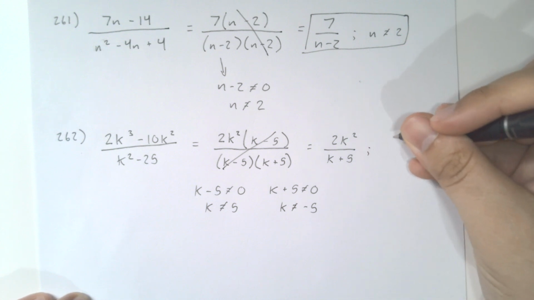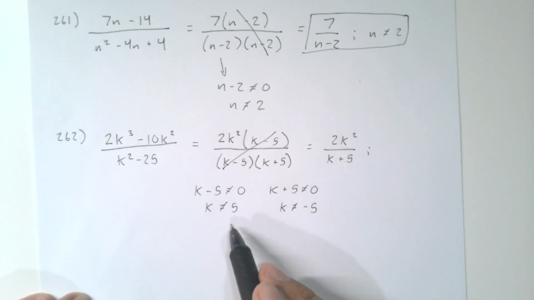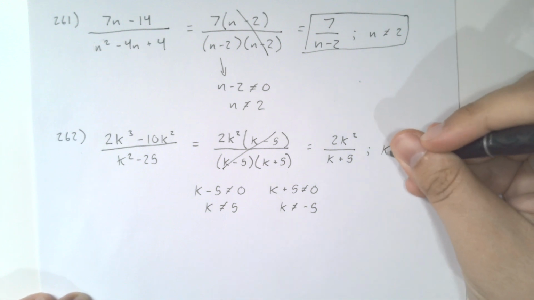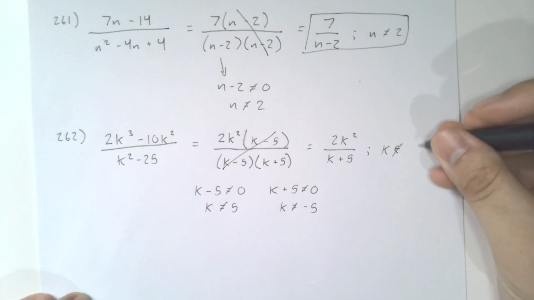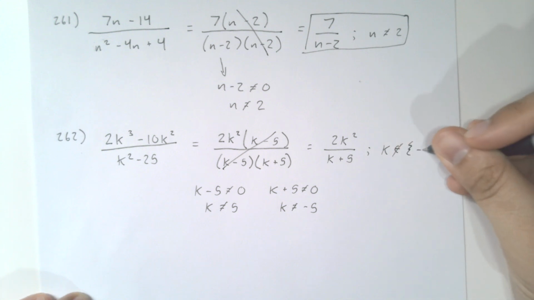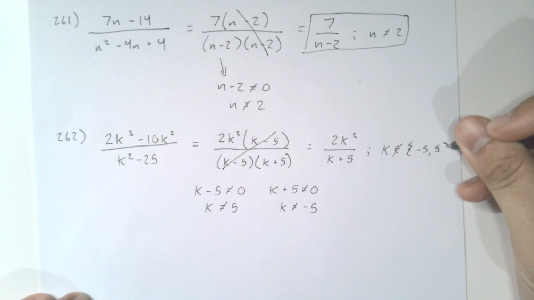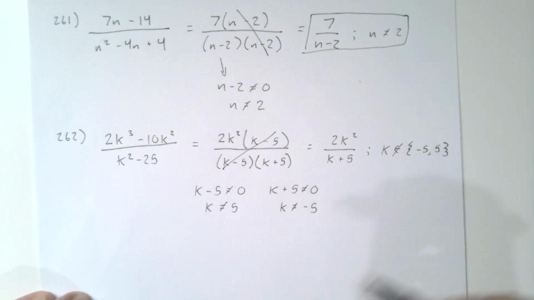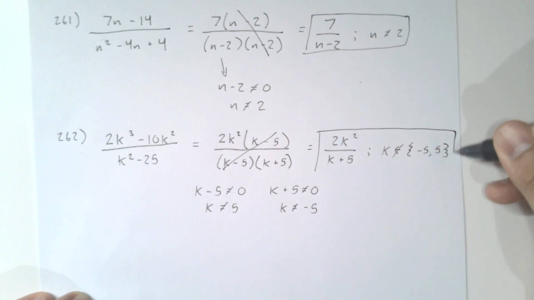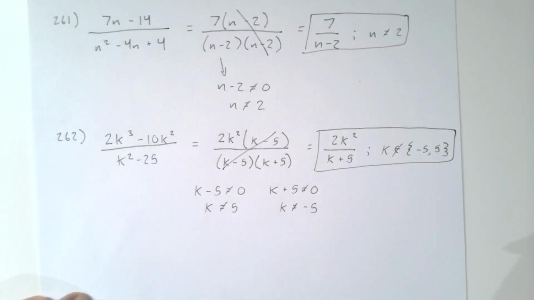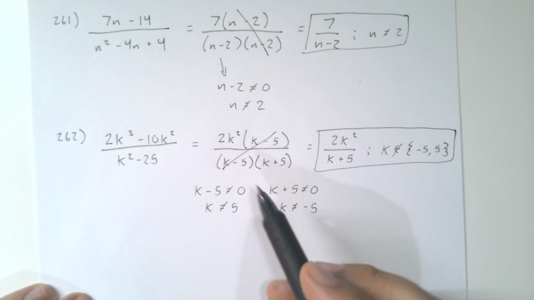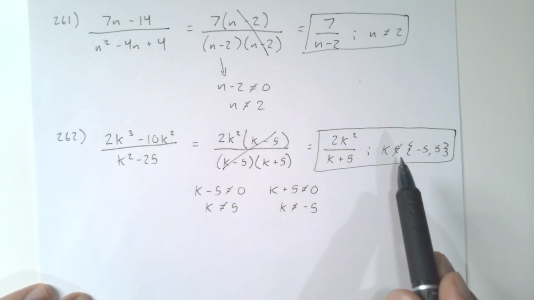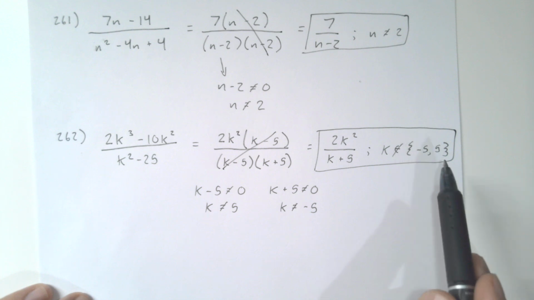So, we can either say that k is not equal to 5 and k is not equal to negative 5, or we can say that k is not an element of negative 5, comma 5. And so, shorter notation for conveying the same idea. And there we go. So, all of this is equal to that, with the condition that k can't be equal to negative 5 or 5.